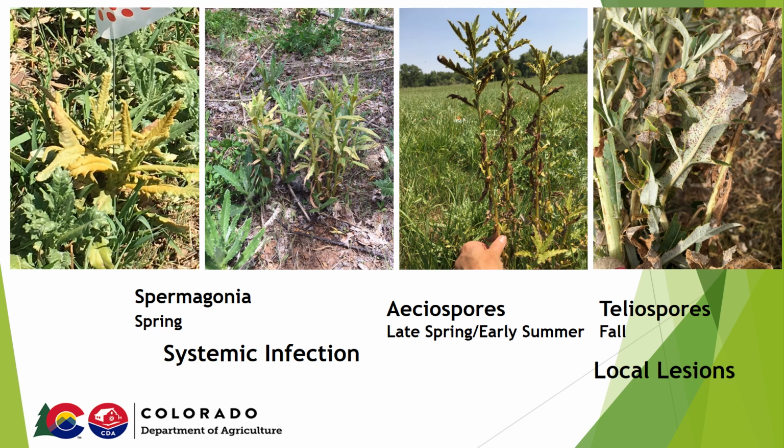In the fall, the neighboring plants develop teliospores and can be identified by local lesions on the bottom of the leaf surface. These are the spores that are responsible for systemic infection after germination on newly emerging fall rosettes. Teliospores are also collected in the fall and used for starting new infection the following fall at new Canada thistle sites.